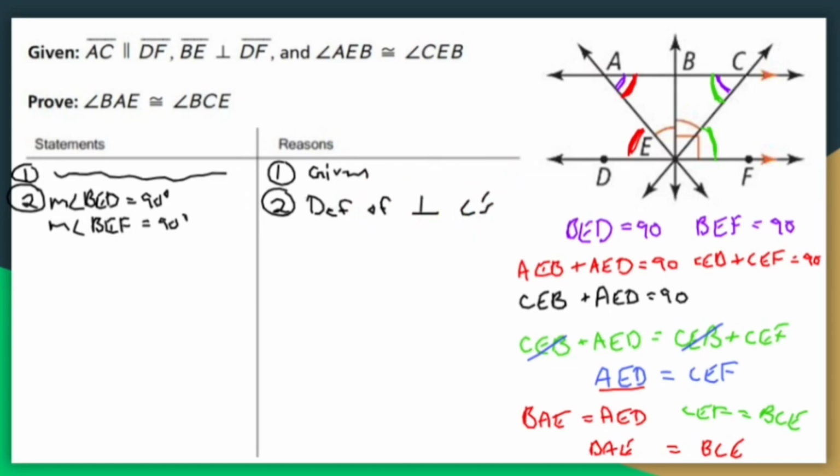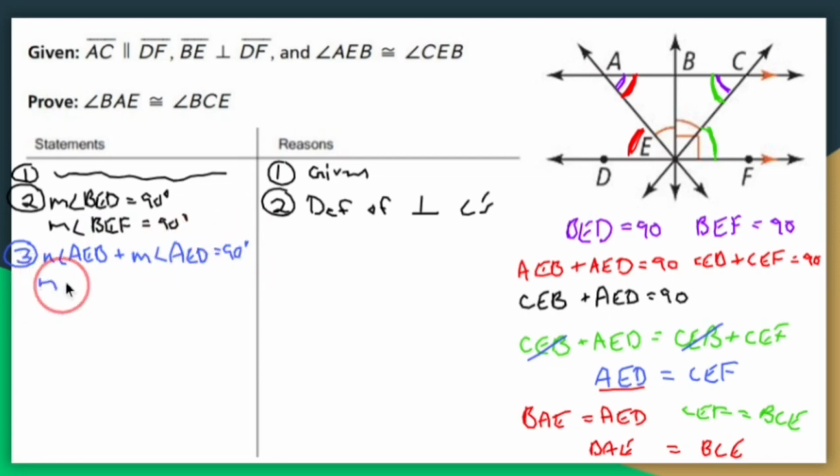Okay? Let's get smaller. The measure of angle AEB plus the measure of angle AED is 90 degrees.